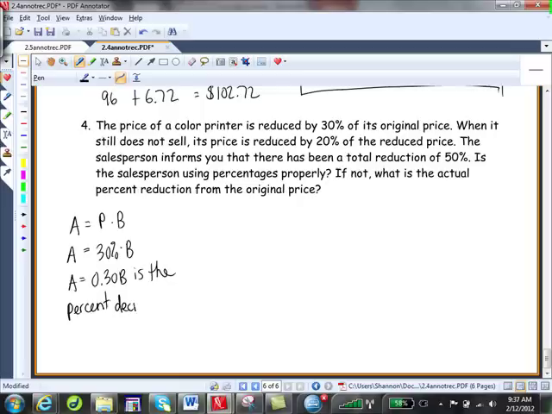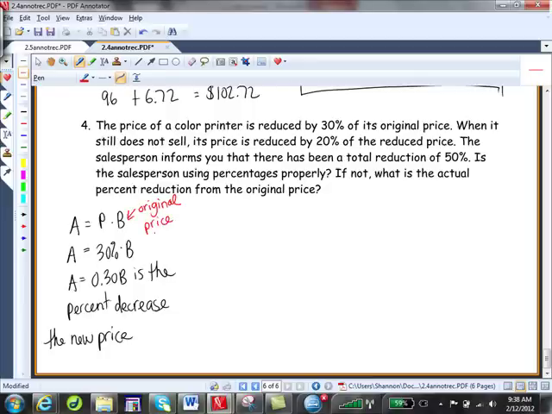But what are you paying? What is the new price? Do you see the new price would be 70% of the original price? Remember, B is the original price.